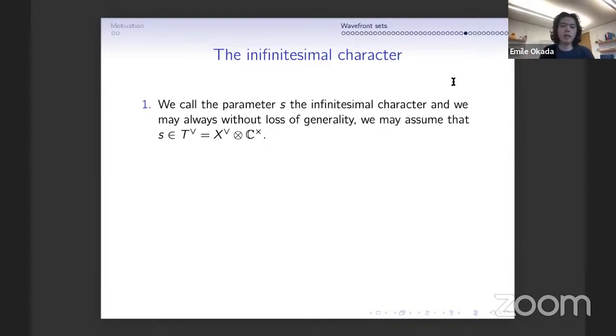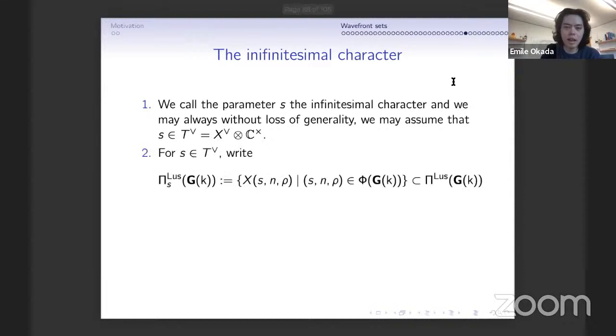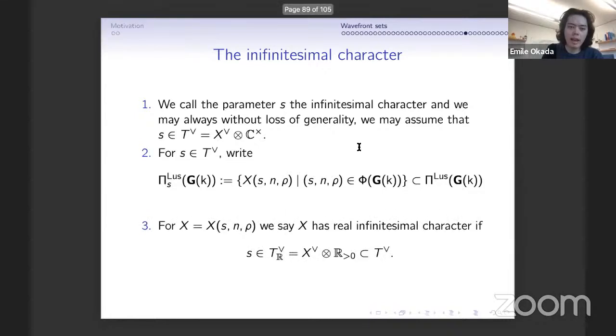And we can always assume it lies in the complex dual torus, since we're considering these triples up to conjugation. We also want to define this notation, pi sub S. That's all the representations with S as infinitesimal character. And we say X has real infinitesimal character if S lies inside of the real part of the torus.